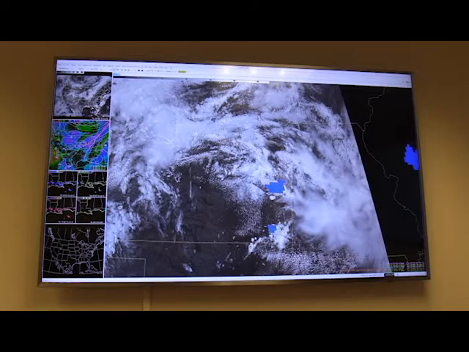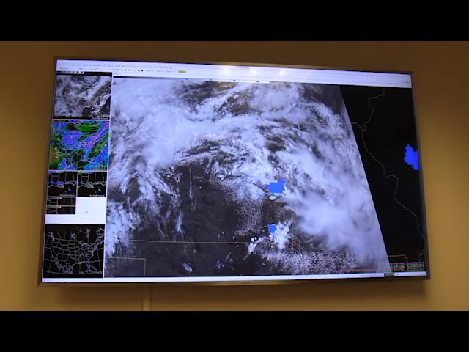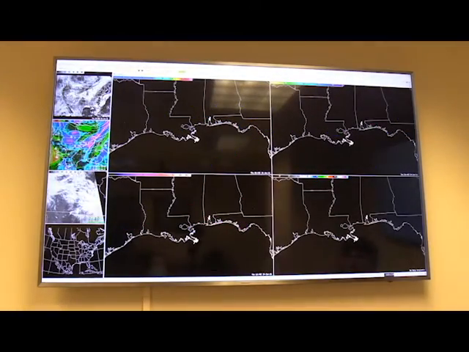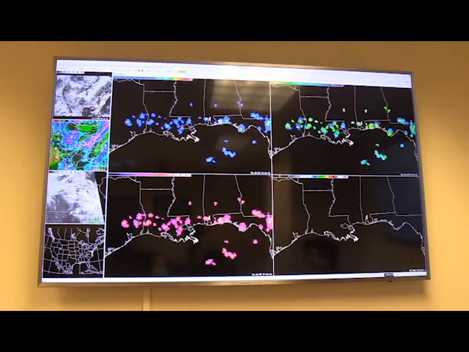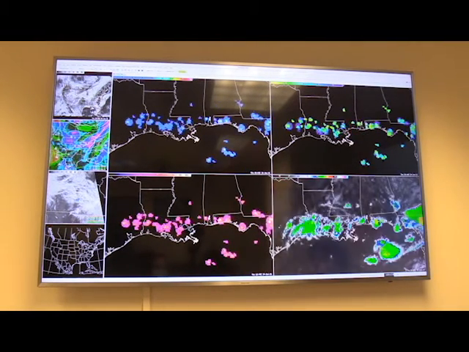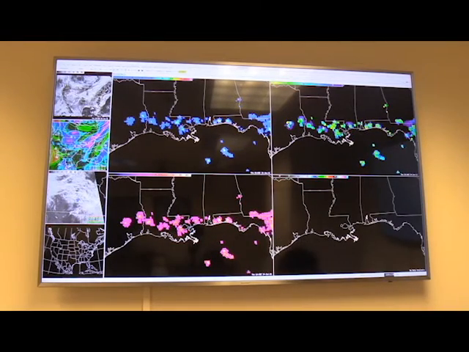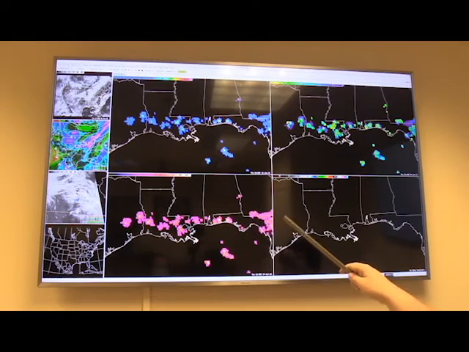And then finally, just to demonstrate one of the things that we look at more often here, we really focus on lightning in this proving ground, and to show you a little bit about how we can use those GLM products to better understand ongoing thunderstorm activity, we've plotted the three main GLM products.